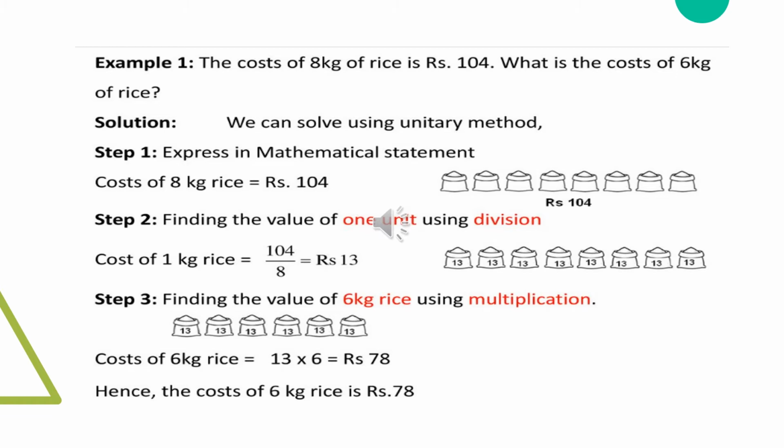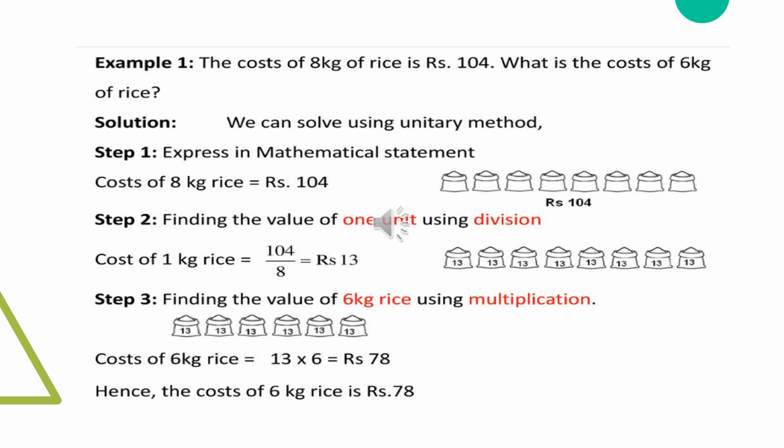To find 1 kilogram of rice we divide 104 by 8, so we get rupees 13. In step 3 we find the value of 6 kg of rice using multiplication. We multiply 13 by 6, so that is 78. Hence the cost of 6 kilograms of rice is rupees 78.